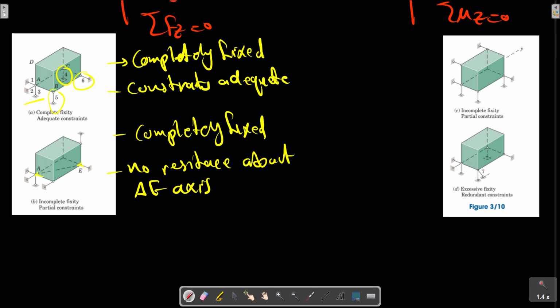Here the body is incompletely fixed and only partially constrained.